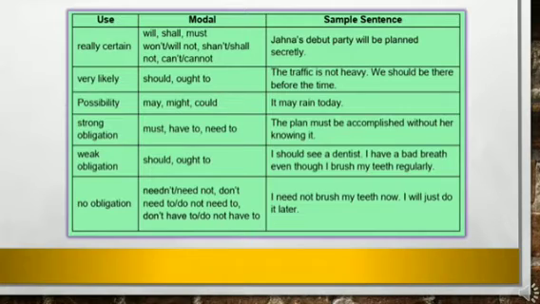Next, we have must, have to, and need to. These modals are used to show strong obligation. In our sample sentence, we have "The plan must be accomplished without her knowing it."